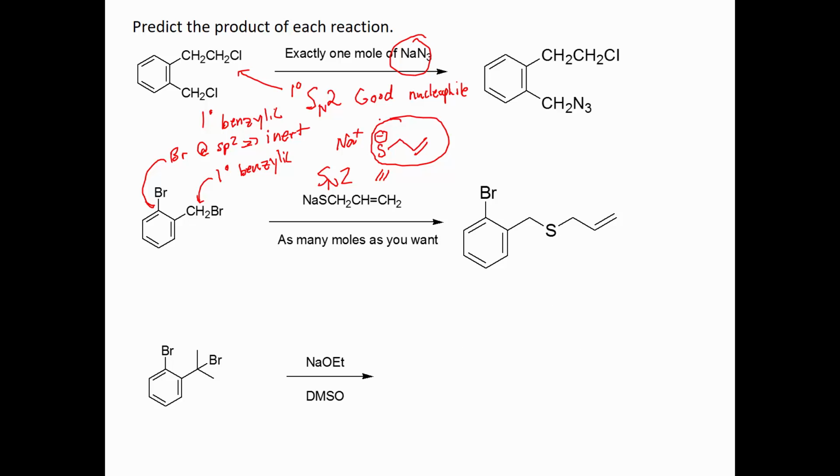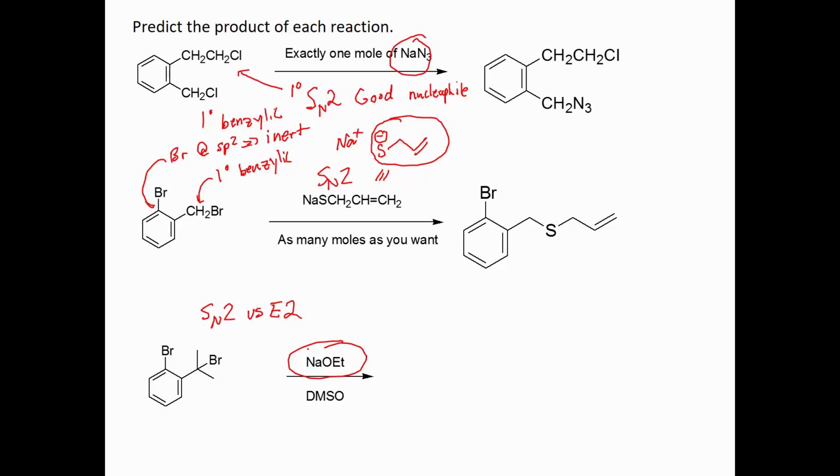Okay. In this last one, we're going to treat it with sodium methoxide and DMSO. All right. So what we have here is a situation where we have SN2 versus E2. We're not going to consider any of the first order reactions with this base. This base is too strong.